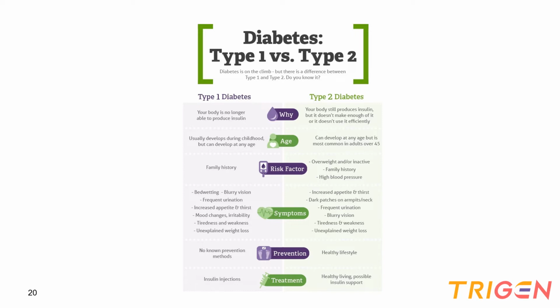In general, one usually develops type 1 diabetes during childhood, and type 2 diabetes is more common in adults over 45. This is a table that details the differences and similarities between both forms of diabetes.